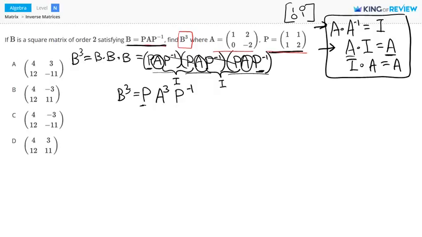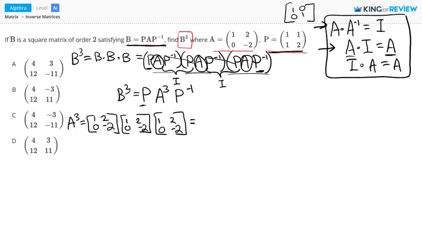So let's start with A cubed. So A cubed, this is A times itself 3 times. So we have 1, 2, 0, negative 2. That's matrix A, and we're multiplying this out 3 times. Okay, so what does this equal? Well, let's first multiply these together.